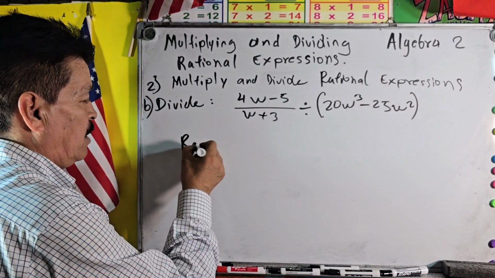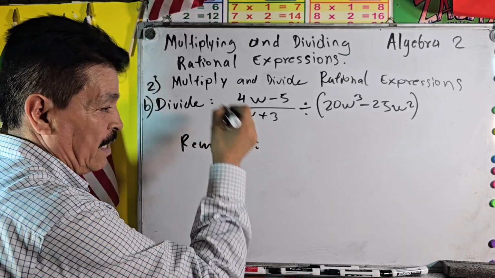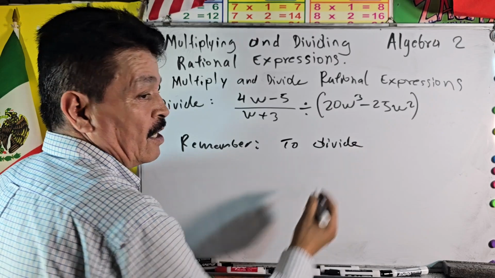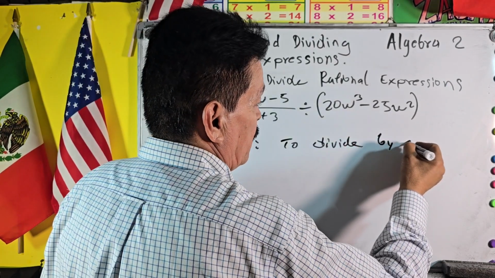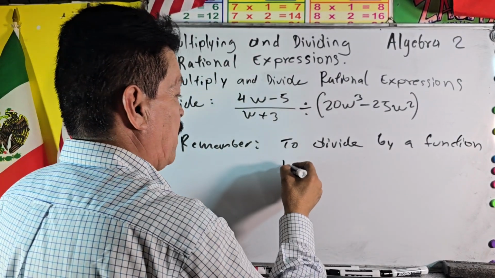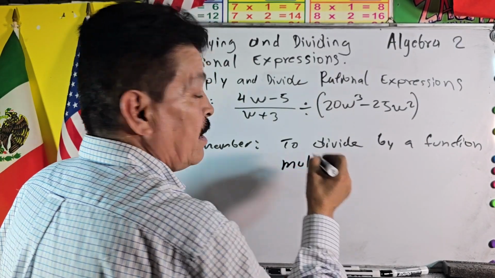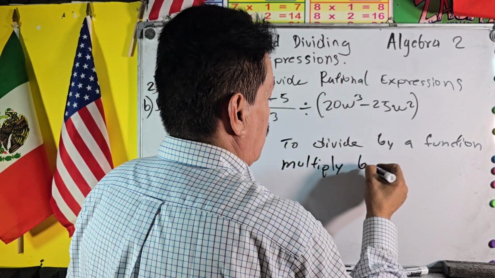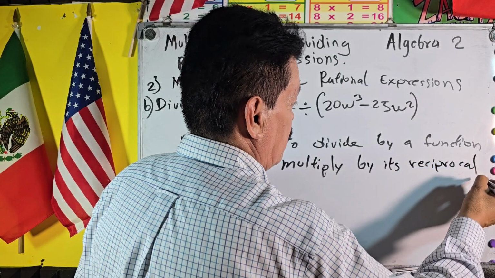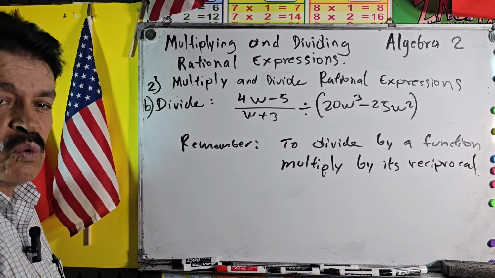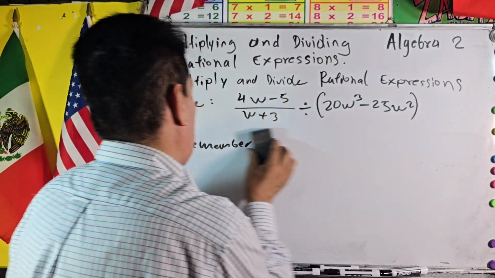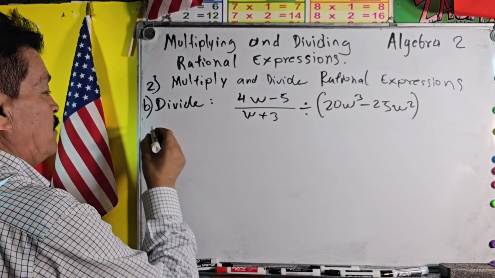Let me write the rule: to divide by a function, just multiply by its reciprocal. That's the rule we must remember. Ready? Let's go solve this problem.